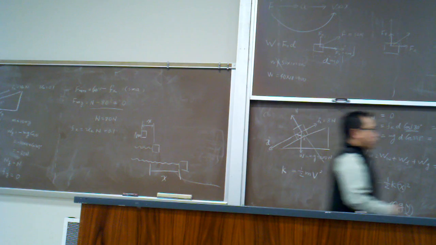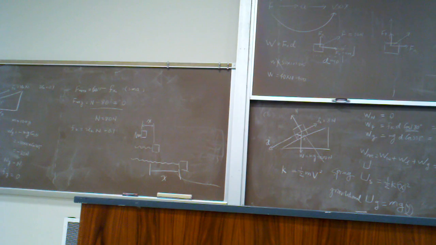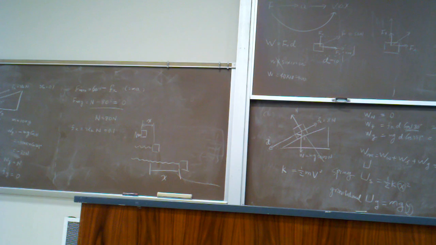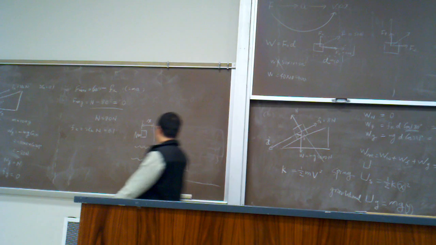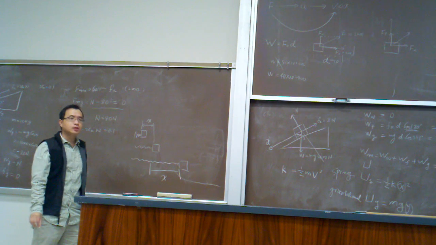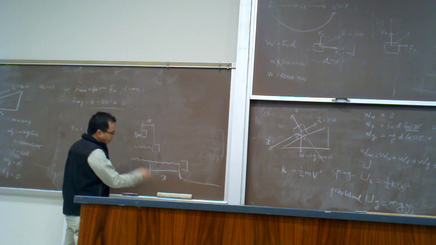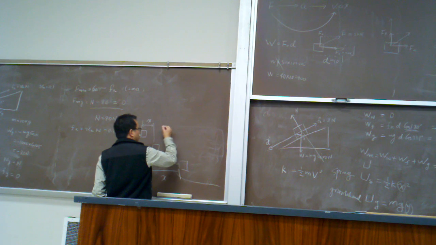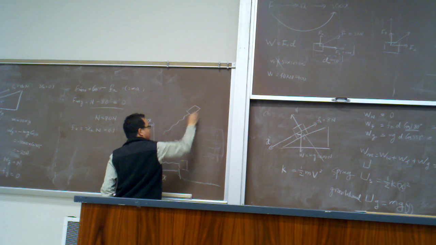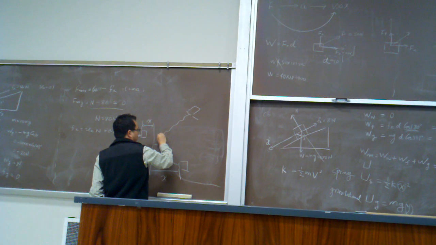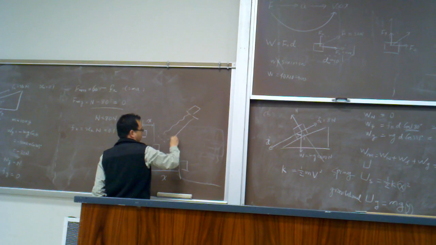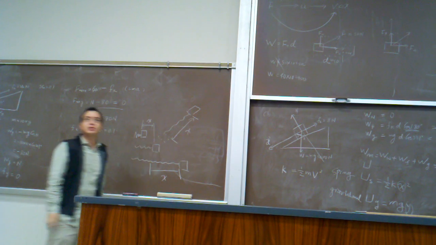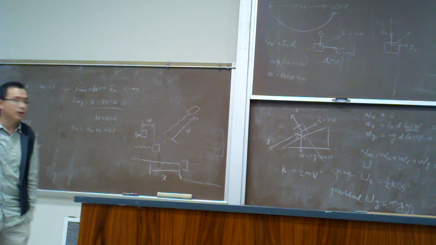The zero reference point for the spring potential energy is always chosen as the equilibrium position. So we always measure x from the relaxed point. And even though we call it x, it can actually be in any direction. If you stretch your spring along this direction, and the relaxed place is here, then this is x. Call it x just for simplicity. It could be in any direction.